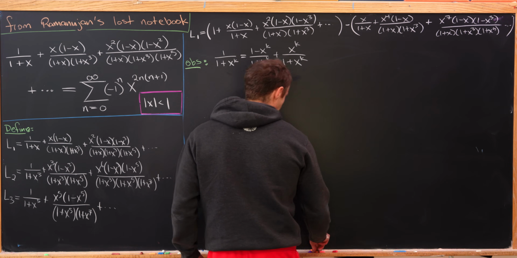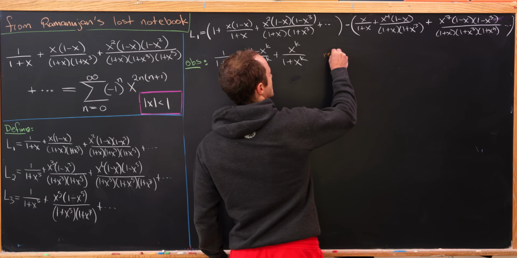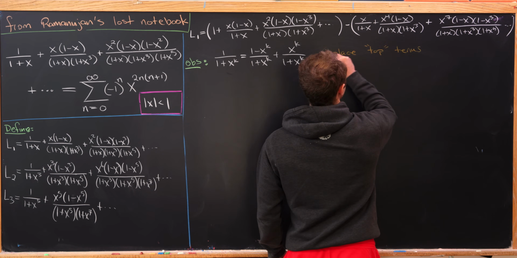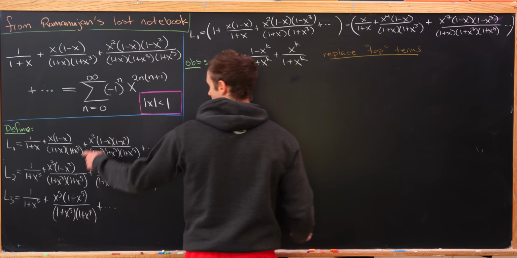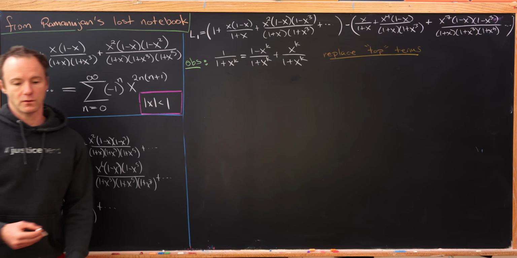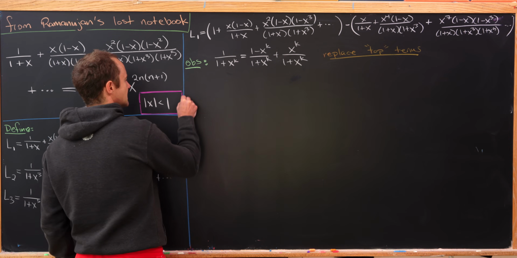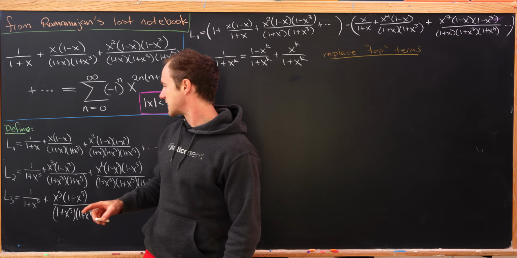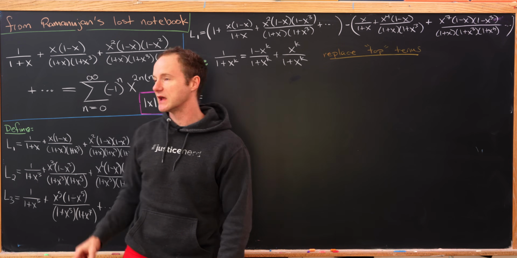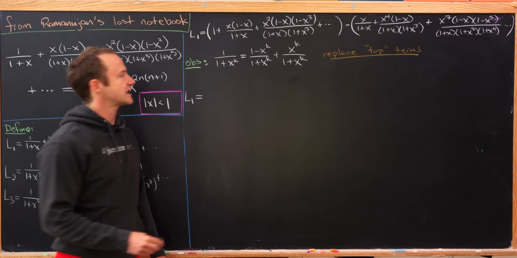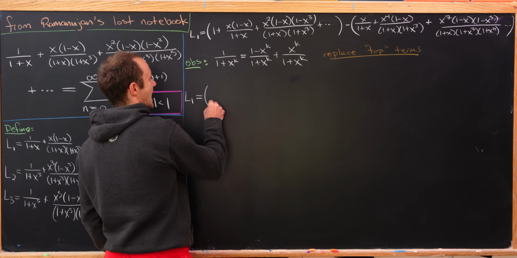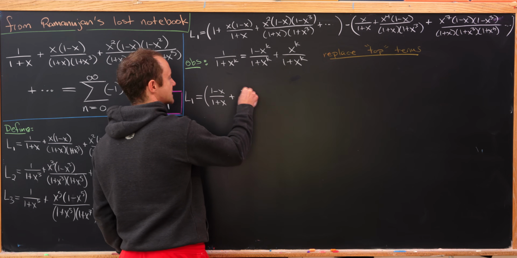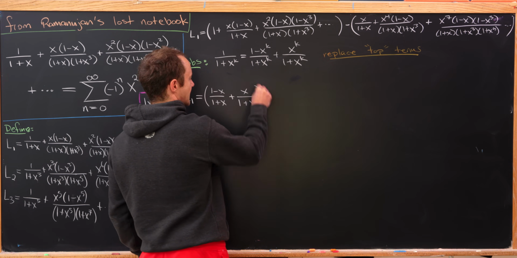And then again, we're going to replace what I called the top terms in each summand, just like we did before. Okay, so that's going to give us a new version of L1. So my top term in this first summand is 1 over 1 plus x. So I'll rewrite that as 1 minus x over 1 plus x, over 1 plus x.